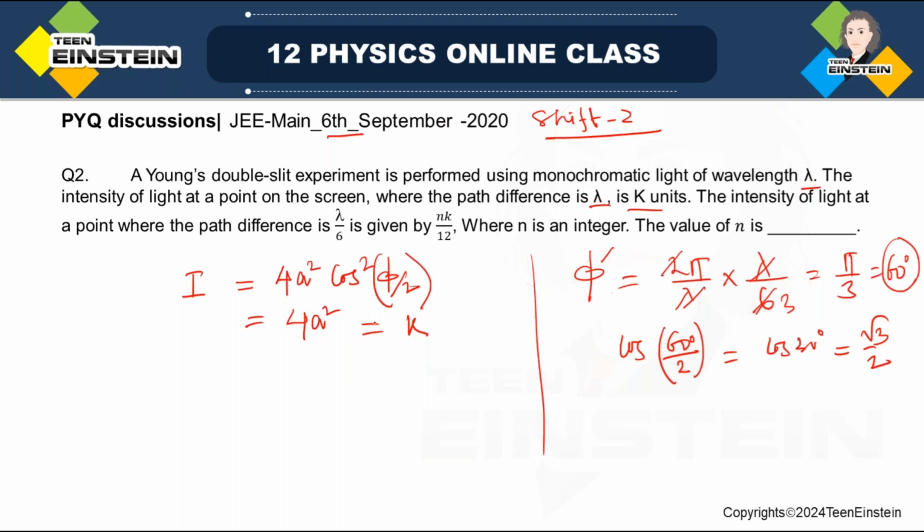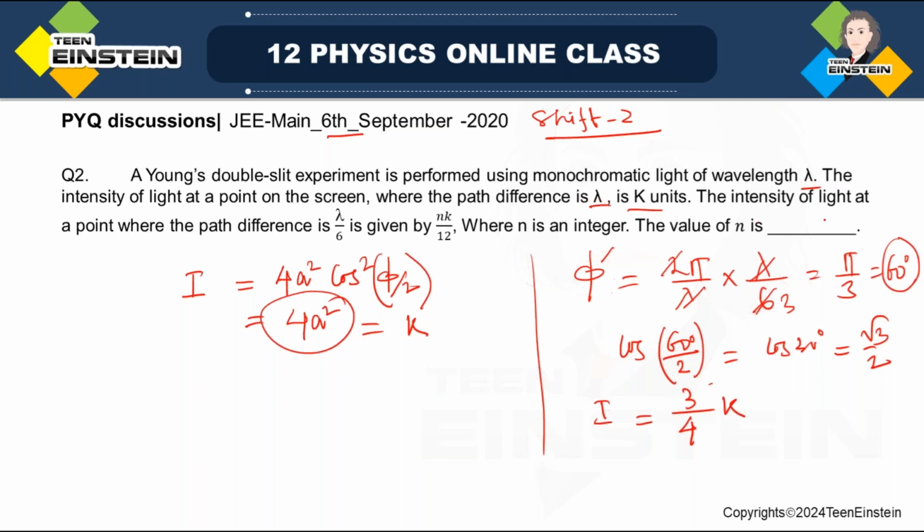So look here, what you get, I is equal to this term in front, and the square of this, so this is actually 3 by 4. Okay, so I get 3 by 4 into this k.